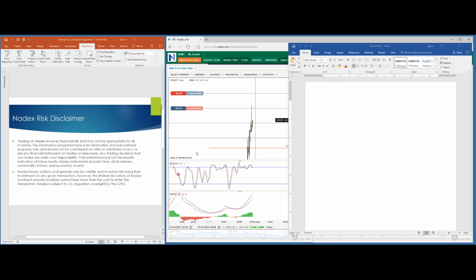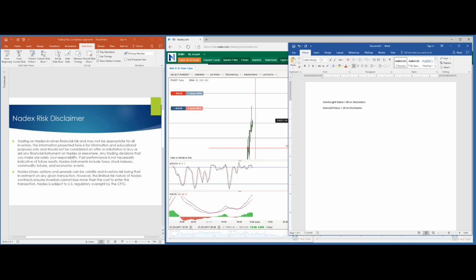Okay? Now in this case, you can see that the RSI is overbought. So the first thing that I'm going to put on here is overbought status greater than 80 on stochastics. That gives me a definition for what is overbought. Okay, oversold status is less than 20 on stochastics.